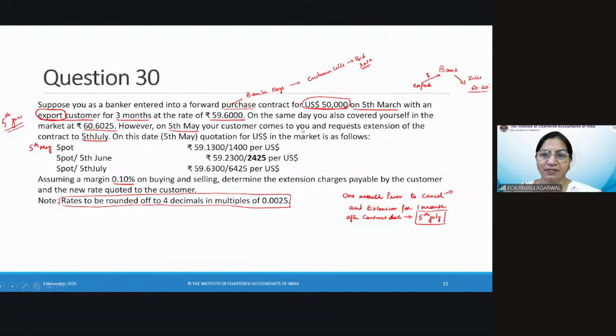So on 5th May, the customer comes to you and requests extension of the contract to 5th July. On this date, 5th May, the quotation for US dollar in the market is as follows. Spot, that means on 5th May, 5th June and 5th July. We can see that the rates are constantly increasing, so dollar is at premium here. Right? Now, how will we proceed? So first step would be to cancel the contract. Bank buys, so bank will sell. Customer sells, customer has to buy. Ask rate would be applicable, right?